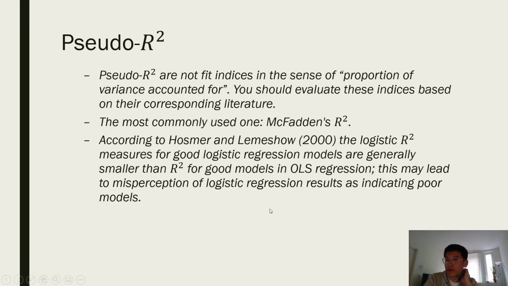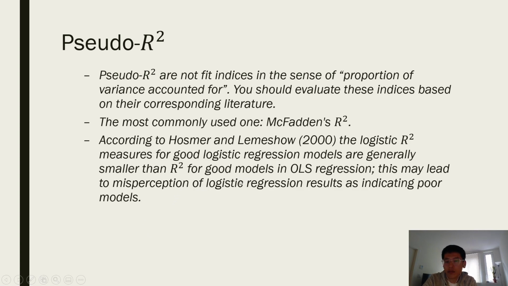And also, according to this paper, the logistic R square measures for good logistic models are generally smaller than R square of good models in ordinary least square regression. So this may lead to misperceptions of the logistic regression results as indicating poor models.